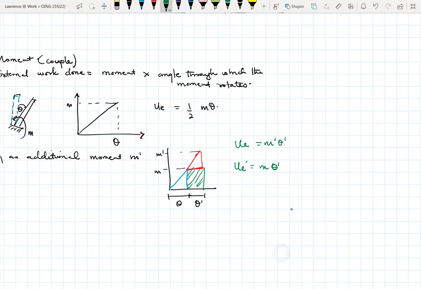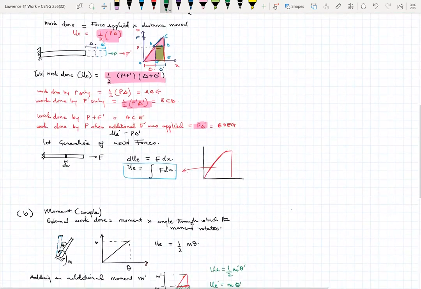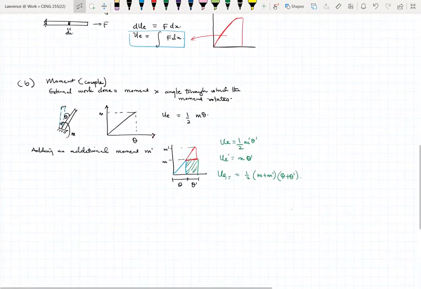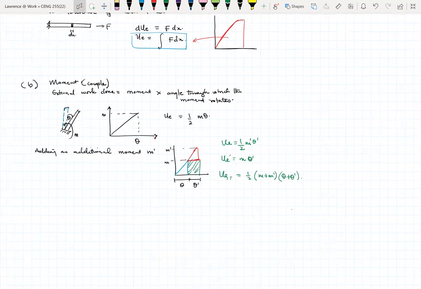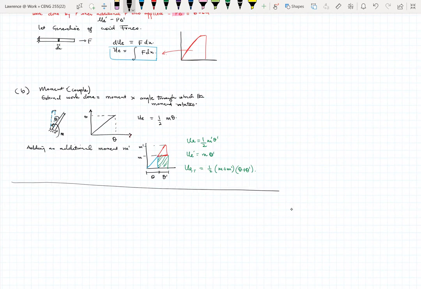The total work done, let's say UE, becomes half M plus M prime times theta plus theta prime. So it's very similar to what we had for when we have external loads.